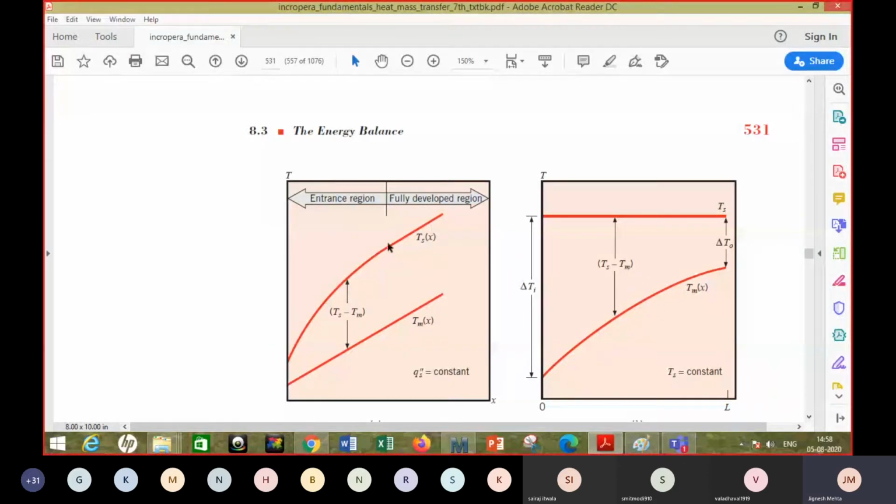But in the entry region, the h value is high, but your Qs double prime is the same. So obviously Ts minus Tm has to reduce. As you can see, the gap between Ts and Tm goes on reducing in the entry region and is least at the entry to the tube.